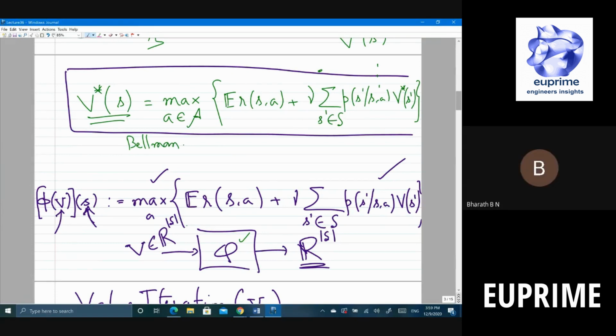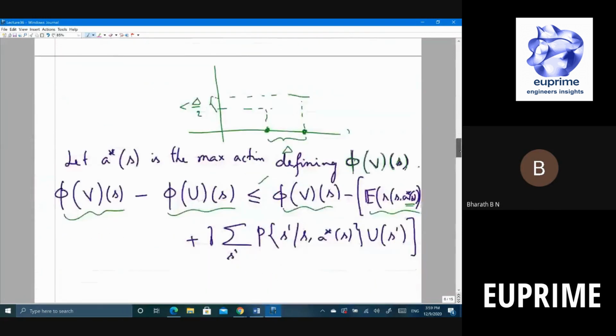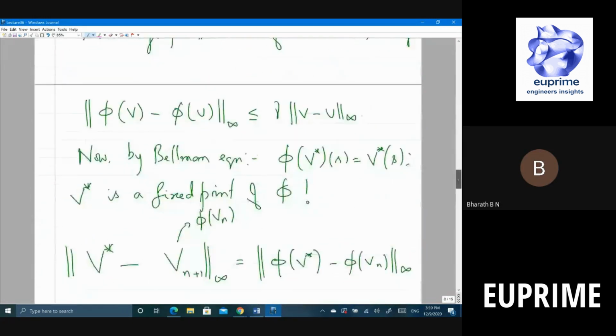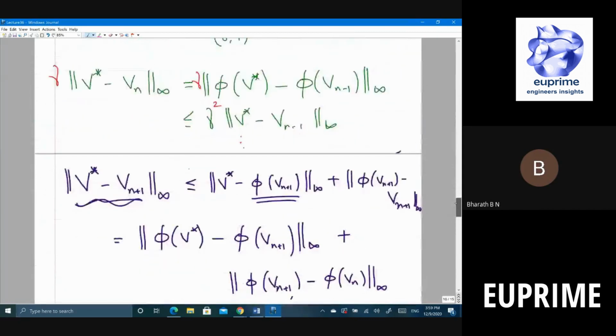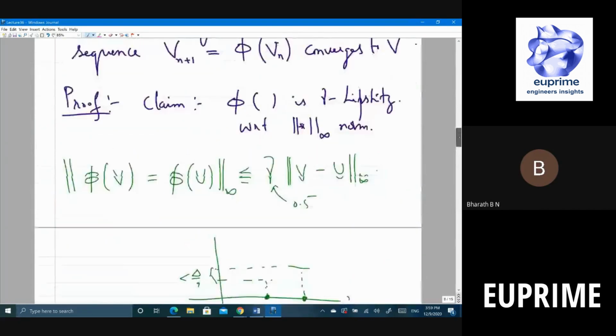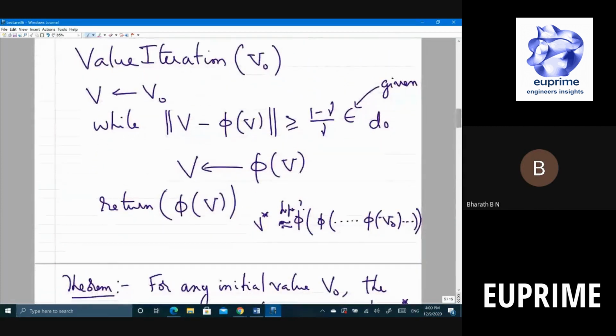True. When you have, for example, uncountable actions, certain proofs don't work, but I think you can still manage. Let's look at the algorithm. Value iteration: as long as you can compute this, I don't care. Do you agree?